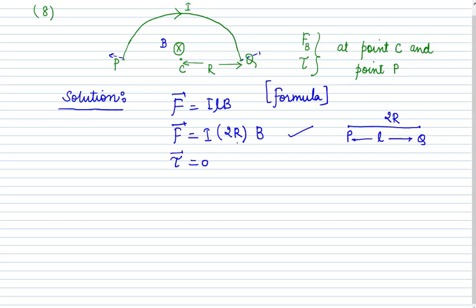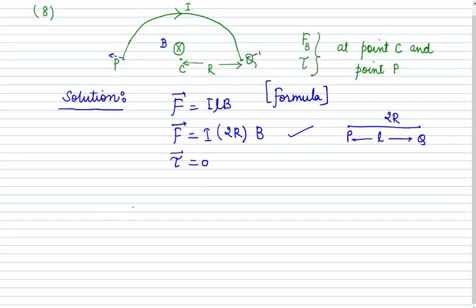You can calculate this force using the right hand rule: your thumb points in the direction of the force, your index finger in the direction of the magnetic field, and your middle finger in the direction of current. Put your right hand like this, and you get that the force acting on points P and Q is radially outward. Both forces are in the outward direction, so there is no resultant torque. So torque is 0 for the center C.